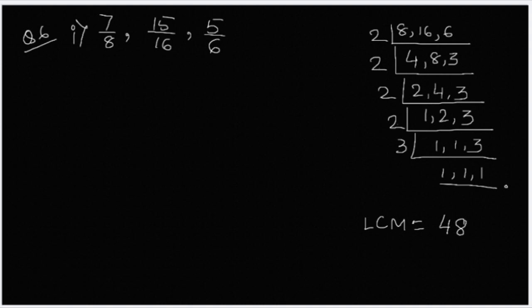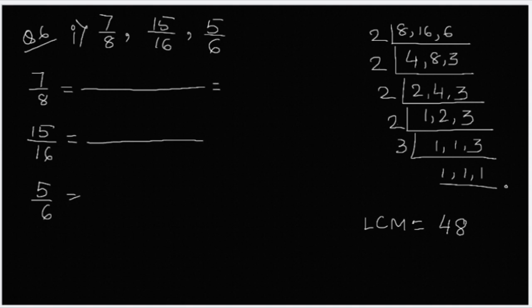Okay, so all these fractions have to be converted to an equivalent fraction whose denominator is 48. In the copies also you have to do it in this way, and if you do it in this order, the way I'm doing one by one, you will never get your sums wrong.